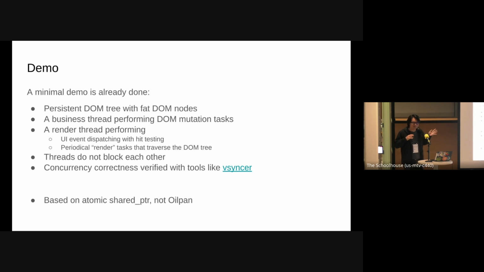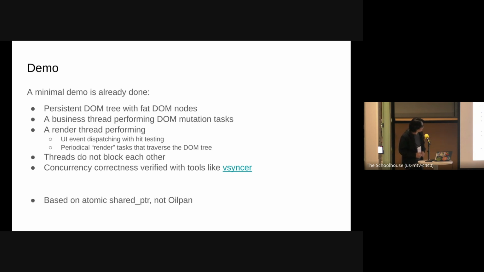So if you think about it, we have 1 thread that keeps mutating the DOM, and another thread that keeps traversing the DOM. It is not very different from running JavaScript and layout in parallel, except some tiny technical issues.